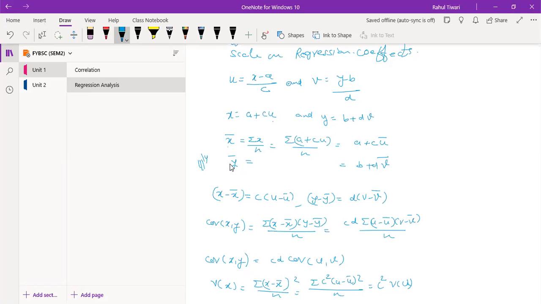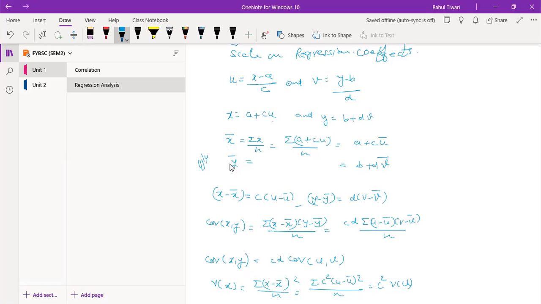Similarly, you can find x minus x bar. Take the difference of these two quantities, which is a plus this minus this. A gets cancelled and you get c times u minus u bar. Similarly, y minus y bar will be d times v minus v bar. Let's find the covariance. What is the covariance formula? You know very well.